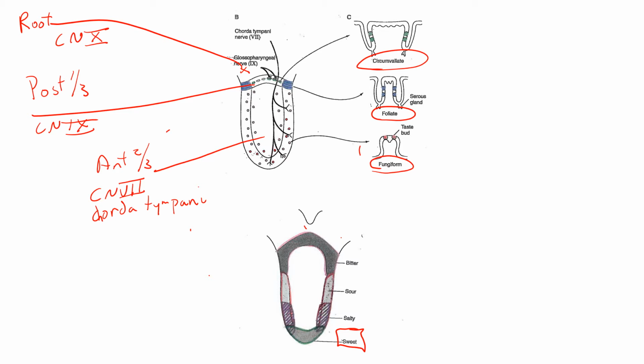The anterior lateral tongue is for salty. The posterior lateral part of the tongue is for sour, and then the posterior aspect of the tongue is for bitter. Again, as to whether or not this map is still true is up for debate, but it is a classic and I thought you should at least see it.